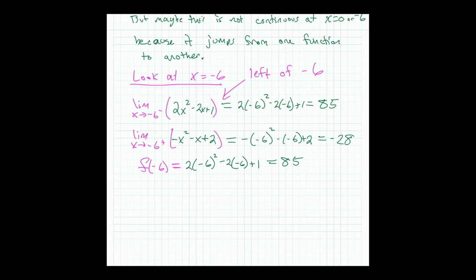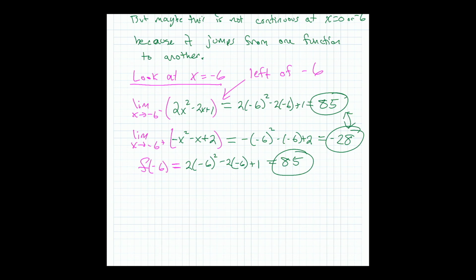So look at the results there. We have an 85 from the left, negative 28 from the right, and the function value is 85. So is this function continuous at negative 6? No, it's not, right? Because these are not all the same. These would all have to be the same in order for it to be continuous, because you need the limit to exist. So these two have to be the same in order for the limit to exist.